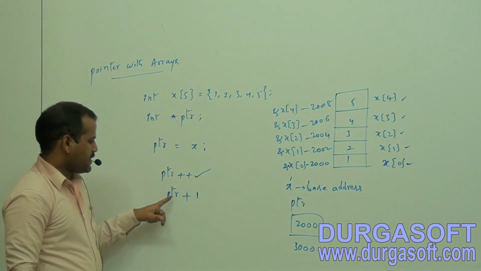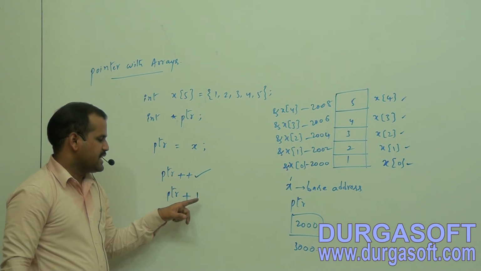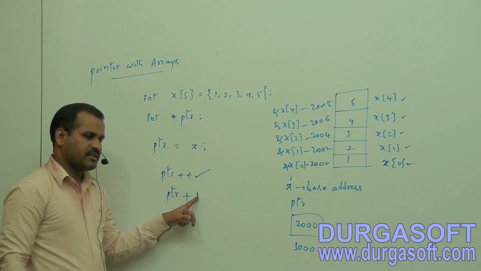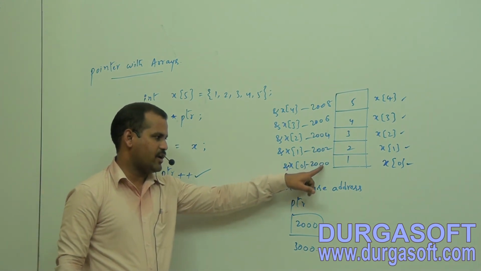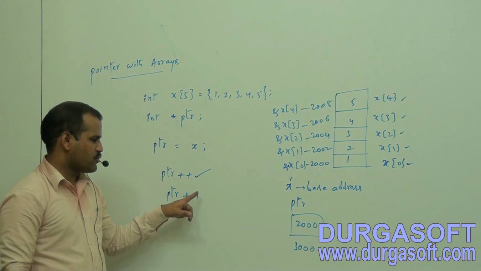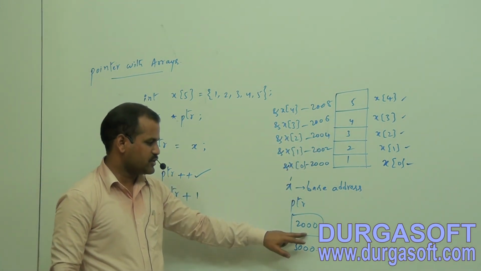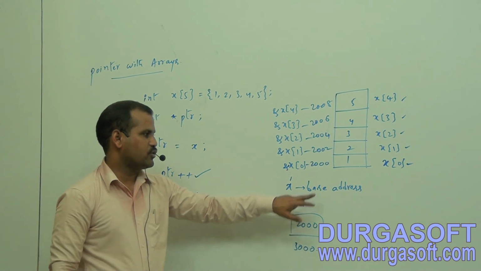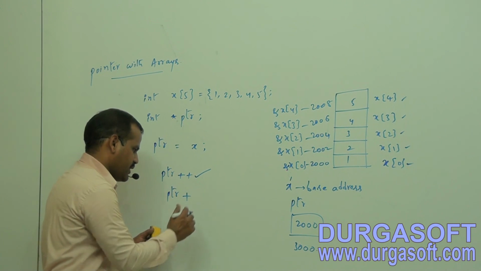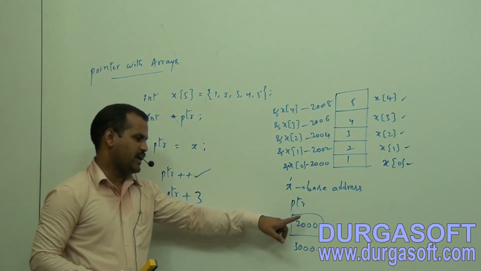Otherwise, if the pointer is added with an integer value 1 or 2 or 3, then here also the same thing: pointer is added with 1. So pointer value is 2000 here. If this 2000 is added with 1, it should go to the next integer again. Not 2001, it should indicate 2002 after adding 1. If the pointer value is added with 3, let us take. Now this pointer is initially at 2000.